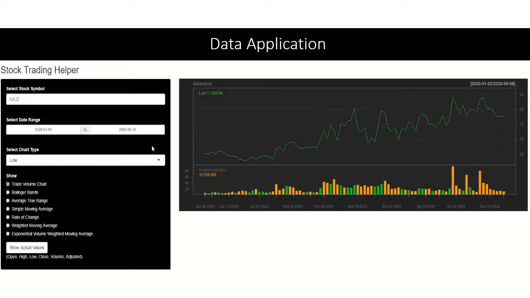Then you can see the fluctuation of the price for Gilead Sciences before COVID-19 and after COVID-19 started. As you can see, starting in January to February, the price was between 65 and $70.